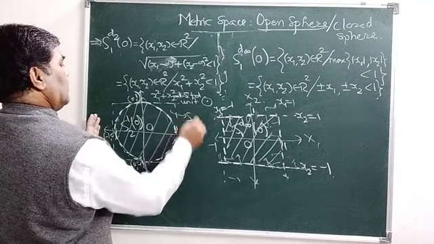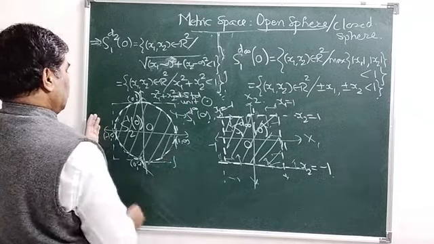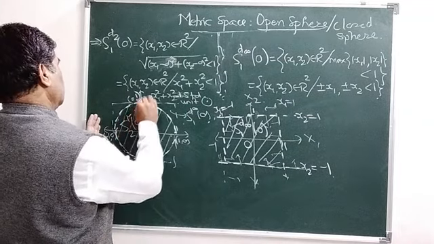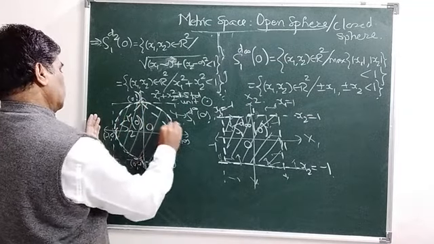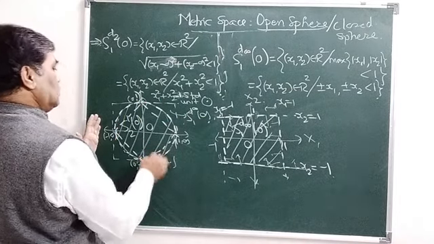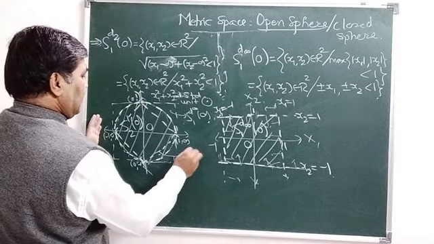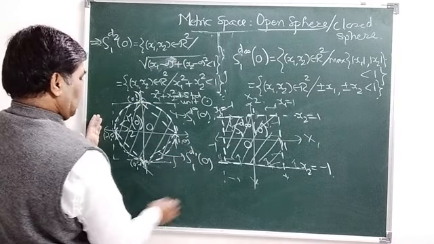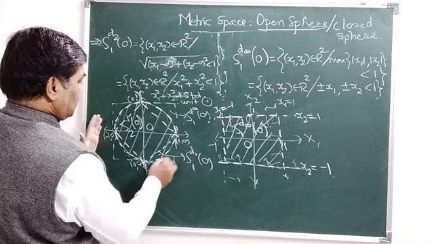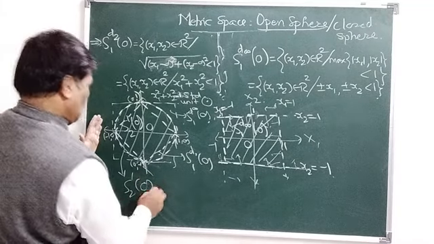So this is your S1 D infinity at 0, this part is for S1 D1 0, and this circle part is for S2 1 0.